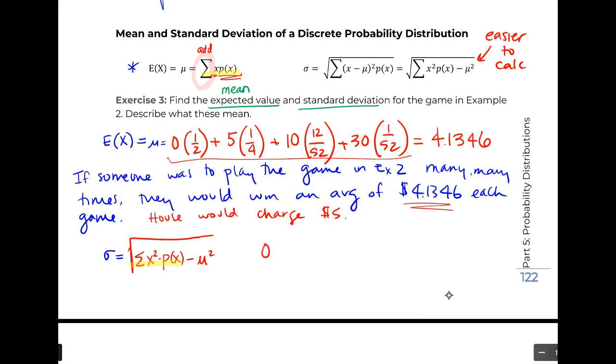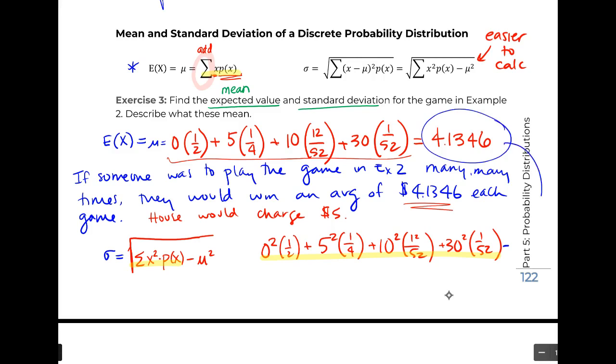We'll have 0 squared times 1/2. The only difference is we're squaring each of the values. So that gives us this piece. And then we're going to subtract off our mean squared, which is why I said it's important to keep more decimals. And then we're going to take the square root of the whole thing. That's what we're looking at.